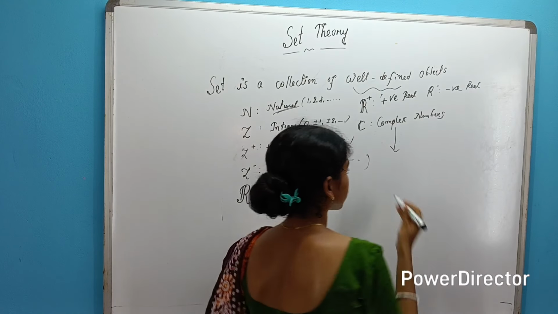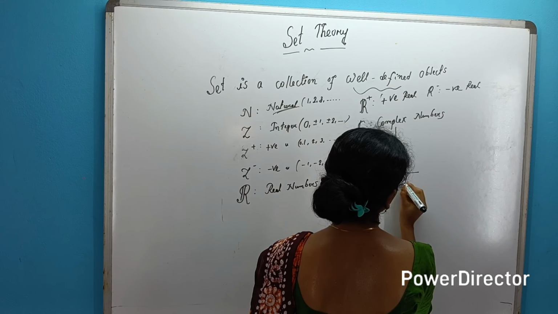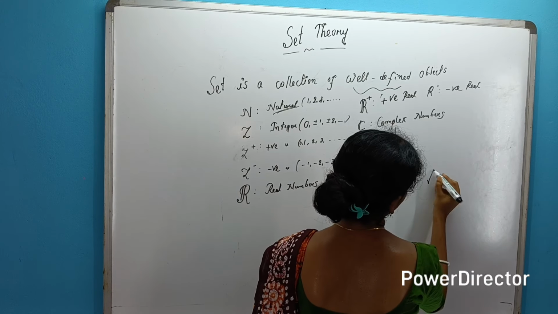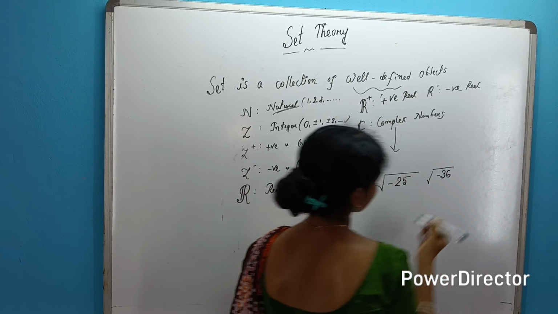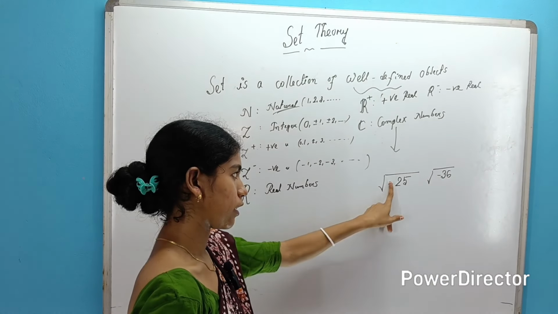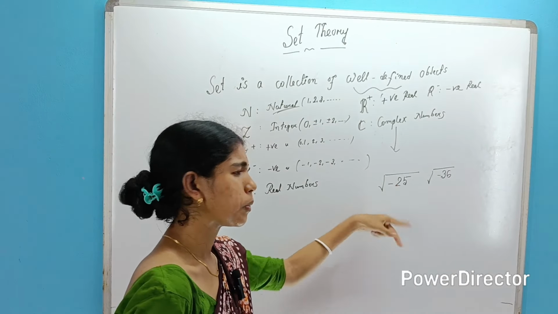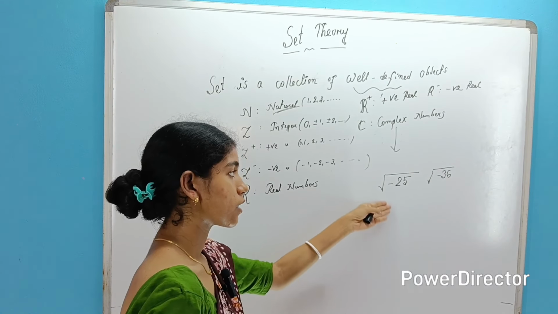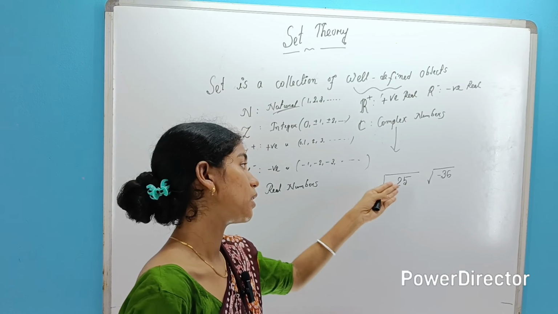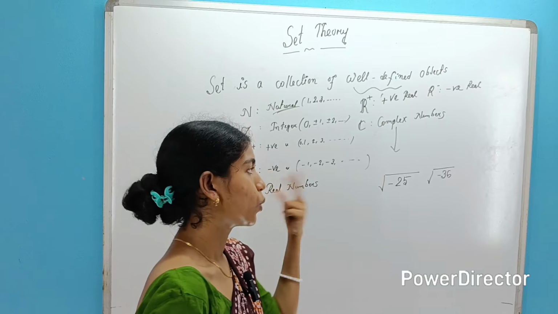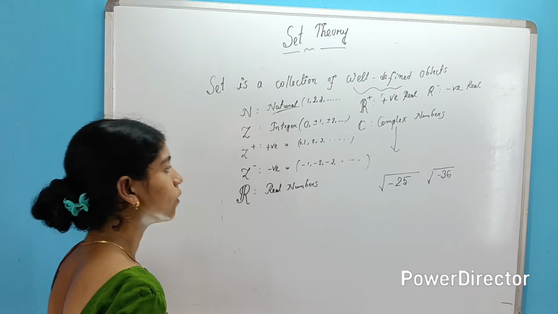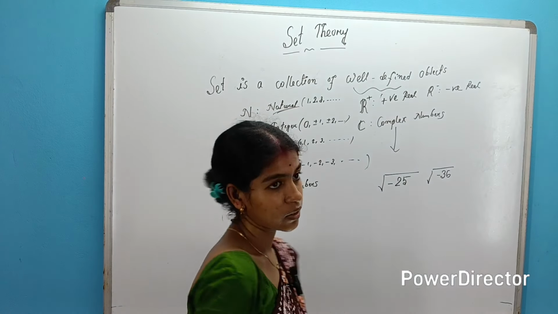So there are some numbers which look like this. If the minus was not there, it would be root 25, so the answer would be plus minus 5. But if it is root minus 25, there is a minus inside the root. So then how will you get the result or answer?